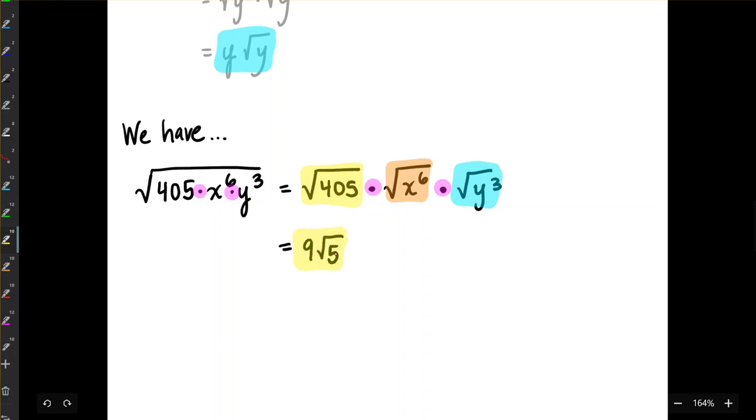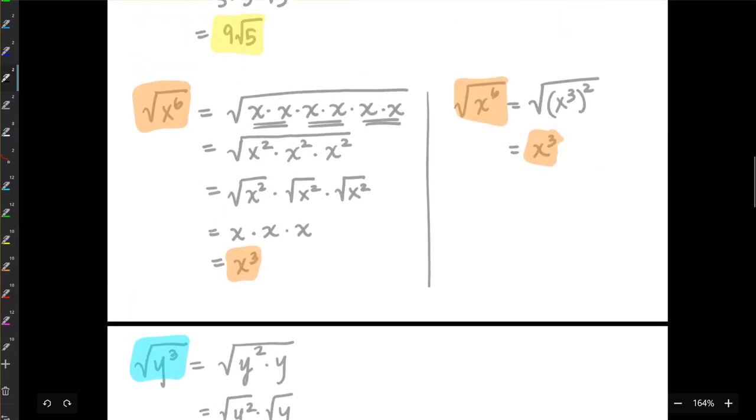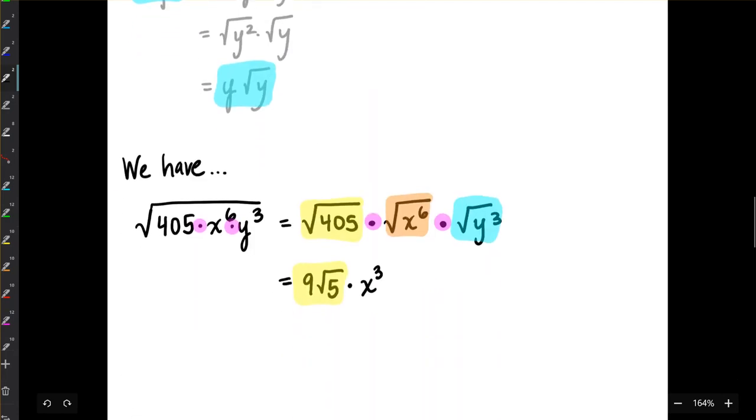We simplified the square root of x to the 6th to be x cubed, right? Orange is orange. And we simplified the square root of y cubed to be y times the square root of y. All right.